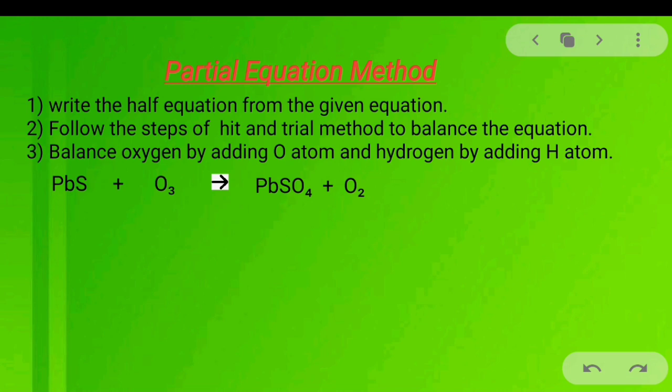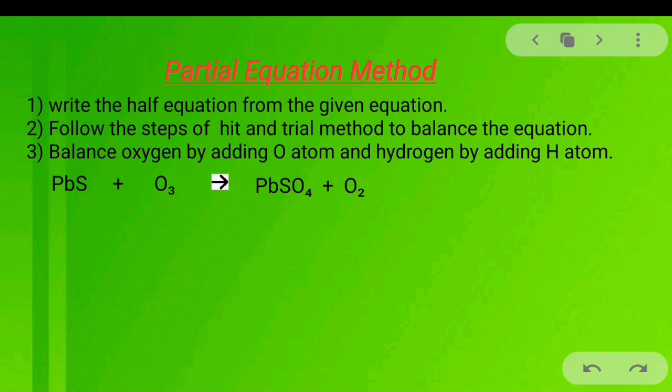Now let us see this. I have taken one equation where PbS plus O3 will give you PbSO4 plus O2. So first step is that we need to write the half equation. This is the method in which we can know the steps of the equations.